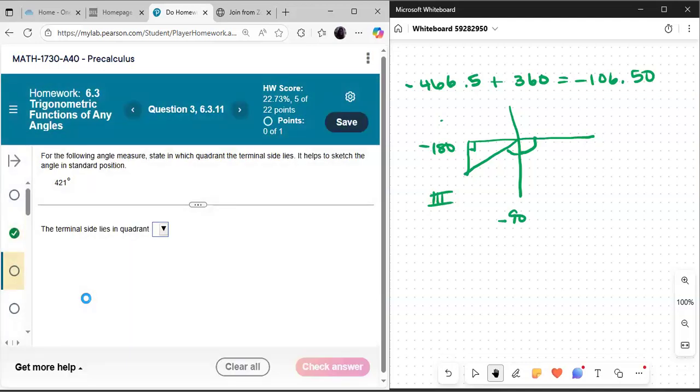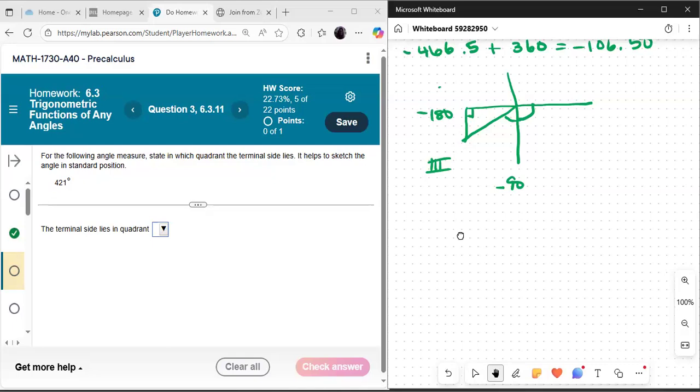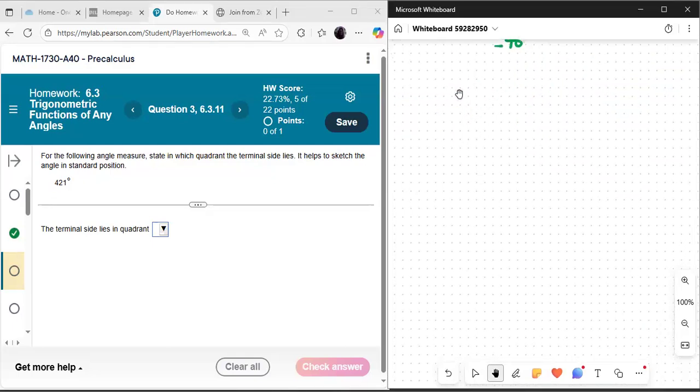The next problem I want to look at is number 3. It says, for the following angle measure, state what quadrant the terminal side lies in. So it says 421. So we have a full 360, so we need to take 421, subtract 360 to find out what's left.